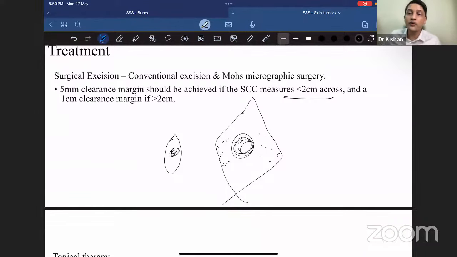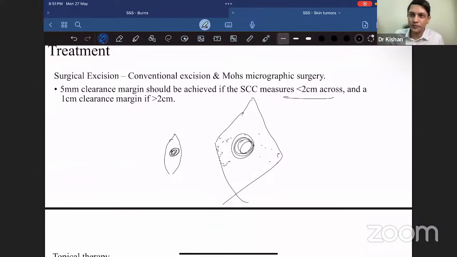There we utilize a microscope for dissection. We take the tumor layer by layer, because these are very superficial tumors, only in the epidermis. One small layer we take and send for biopsy. Tumor is present. Next layer we take and send for biopsy.